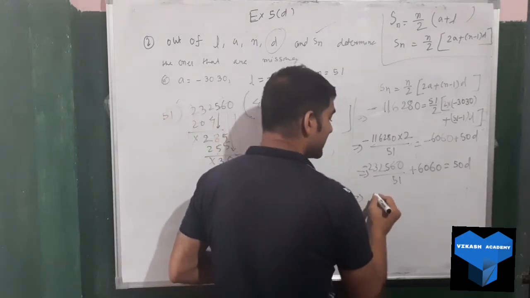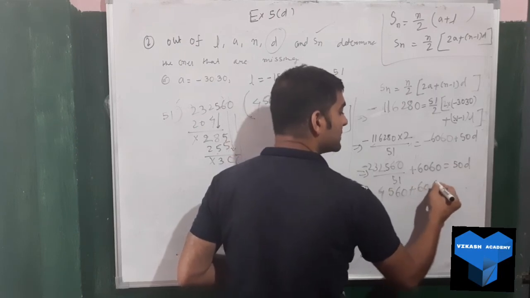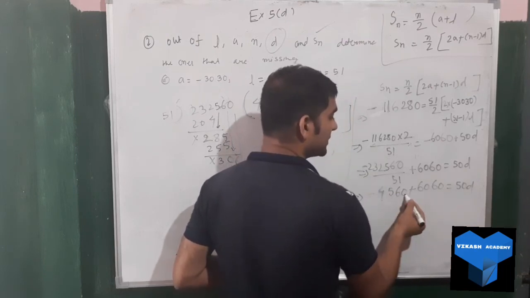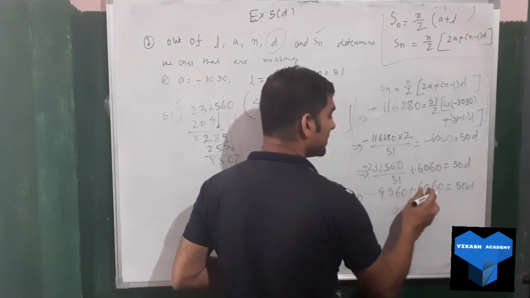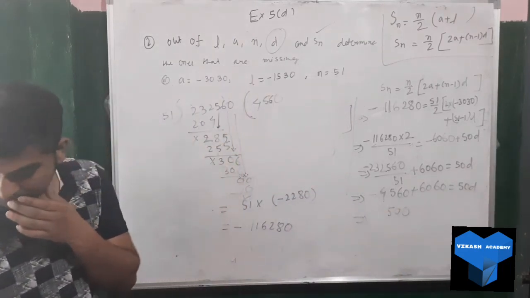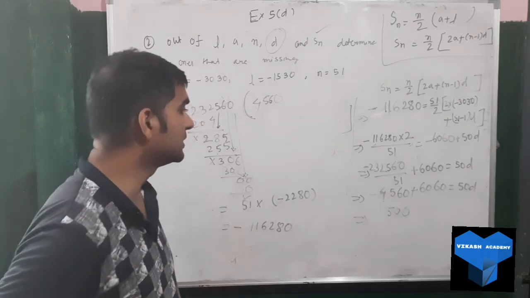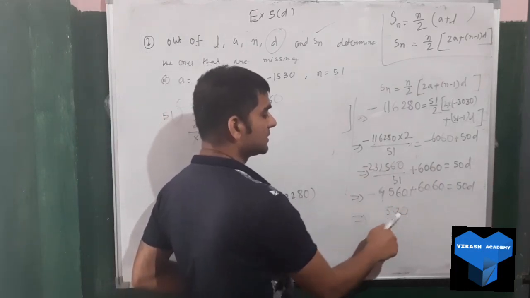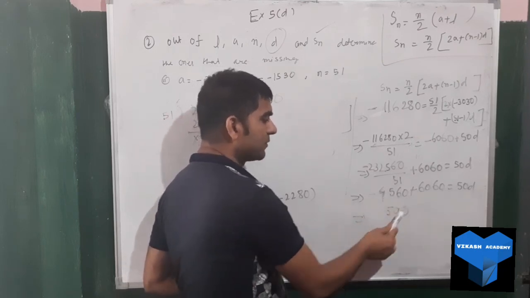Here minus 4560, plus 6060 equals 50d. Subtract: 0 minus 0 will be 0, 6 minus 6 will be 0, then 10 minus 5 will be 5.